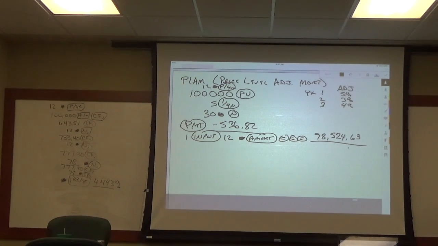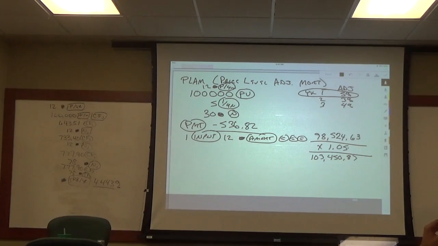Okay, so all of that's normal up to that point. Then, after the end of that first year, we're going to charge this price level adjustment of 5%, meaning that your new mortgage balance is going to be $103,450.87. Okay, so everybody follow that logic? Yes or no?